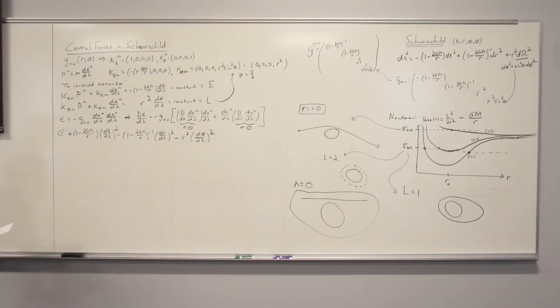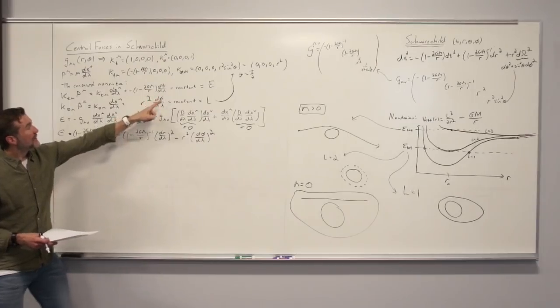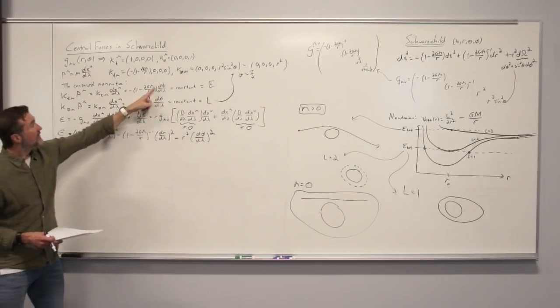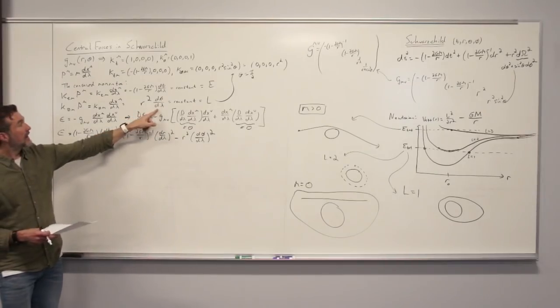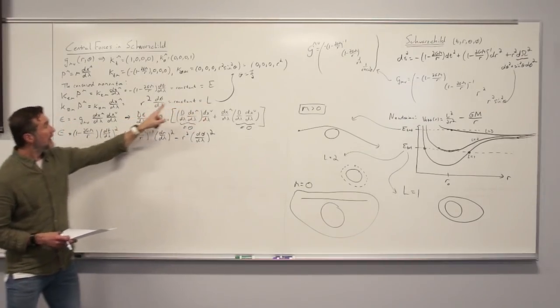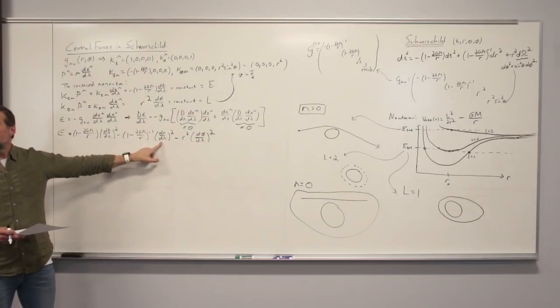Hey, this is looking good. You guys see what I see? Math. Look, dt d lambda is related to a constant E with this junk, and that's what appears there. d phi d lambda is related to a constant L divided by r squared, and that's what appears there. And then we're left with dr d lambda.